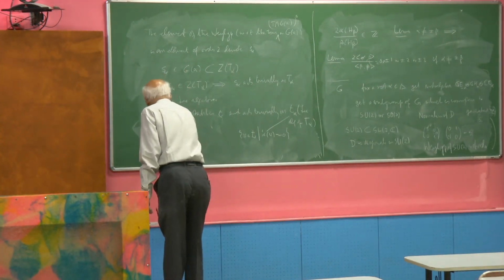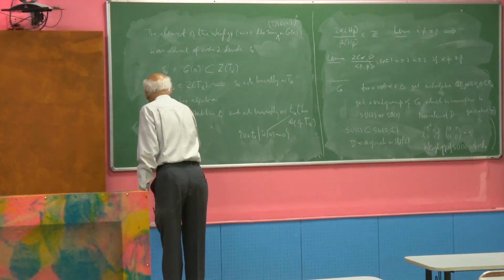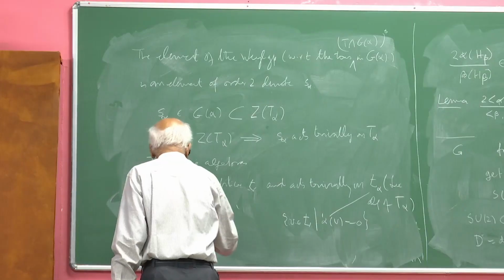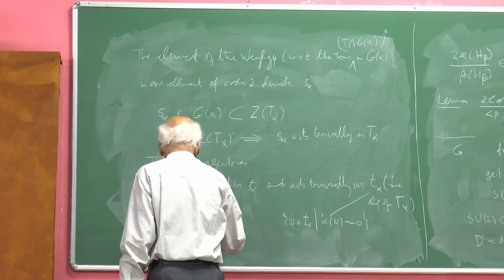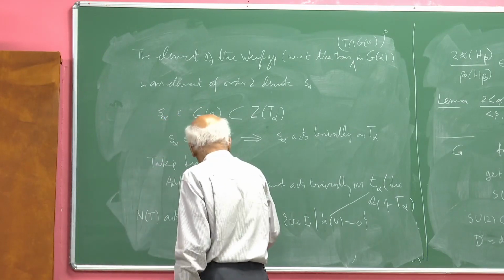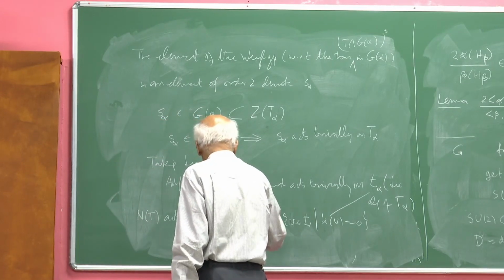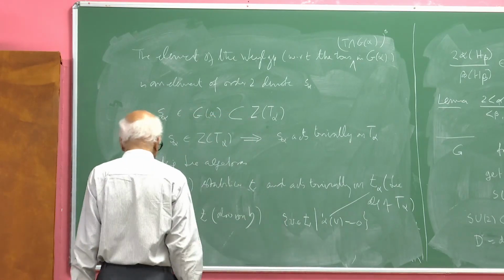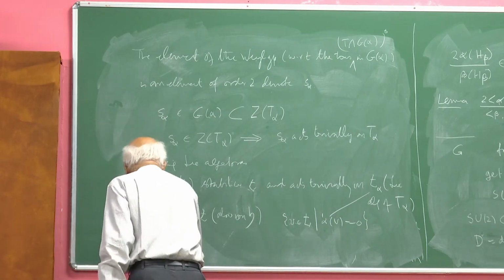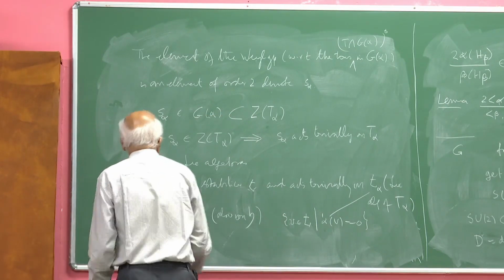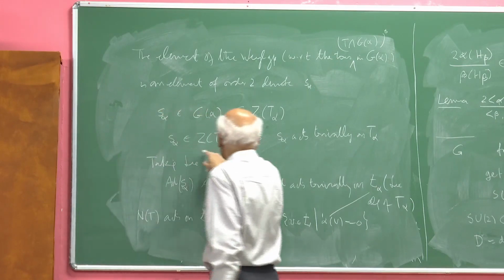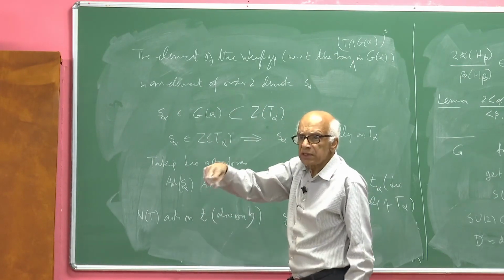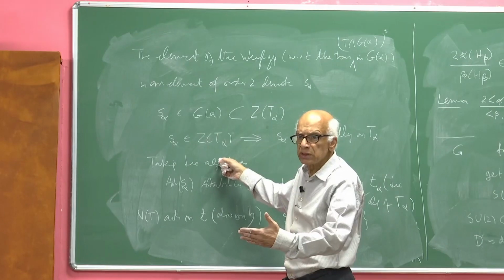Okay. So if you look at NT, it acts on T, and hence also H acts on NT, and S alpha is in NT because it is in ZT alpha, therefore it certainly centralizes T alpha, and then it normalizes the diagonals, which is the extra piece in the torus.